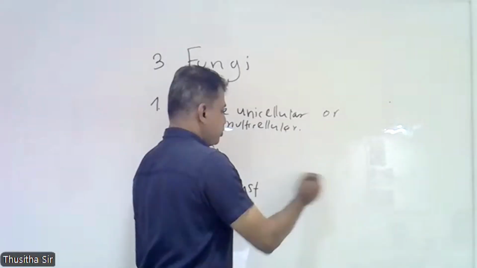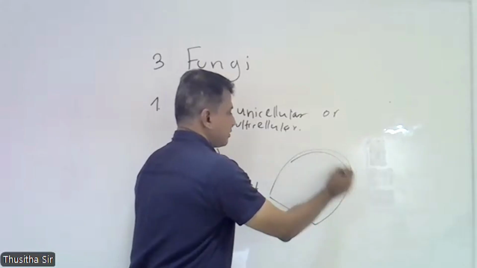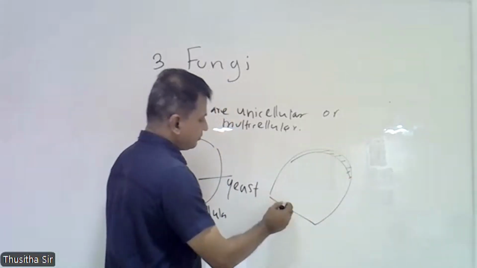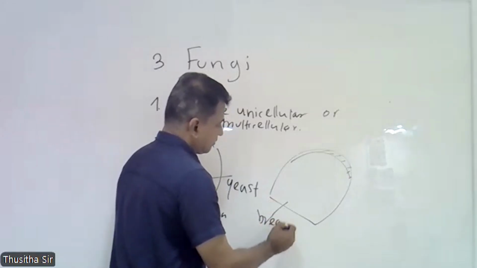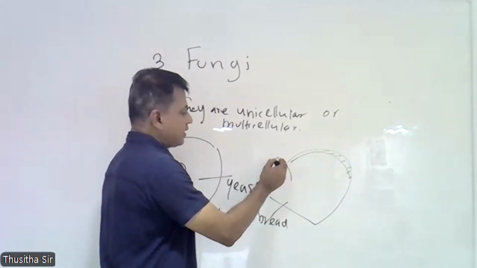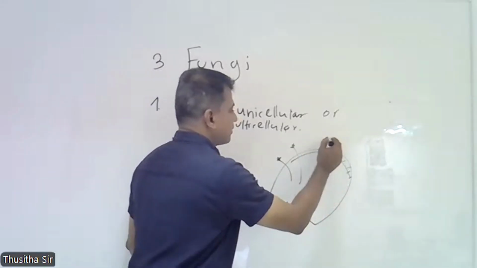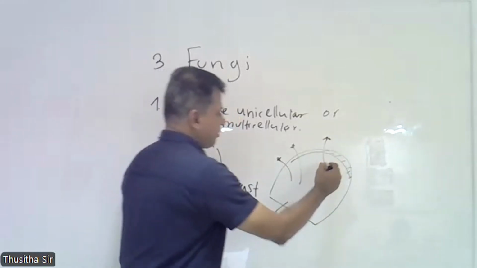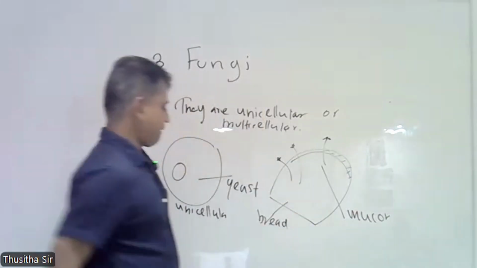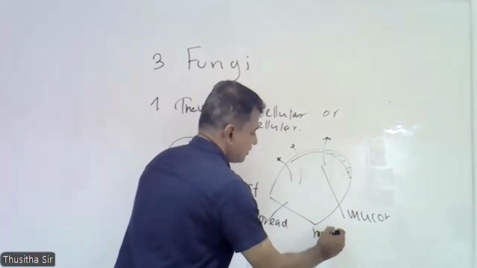And I'm going to draw the multicellular one. So that's a piece of bread. Sometimes we can see fungus growing on the bread like this. The name of this fungus is mucor. So this is unicellular, this is multicellular.